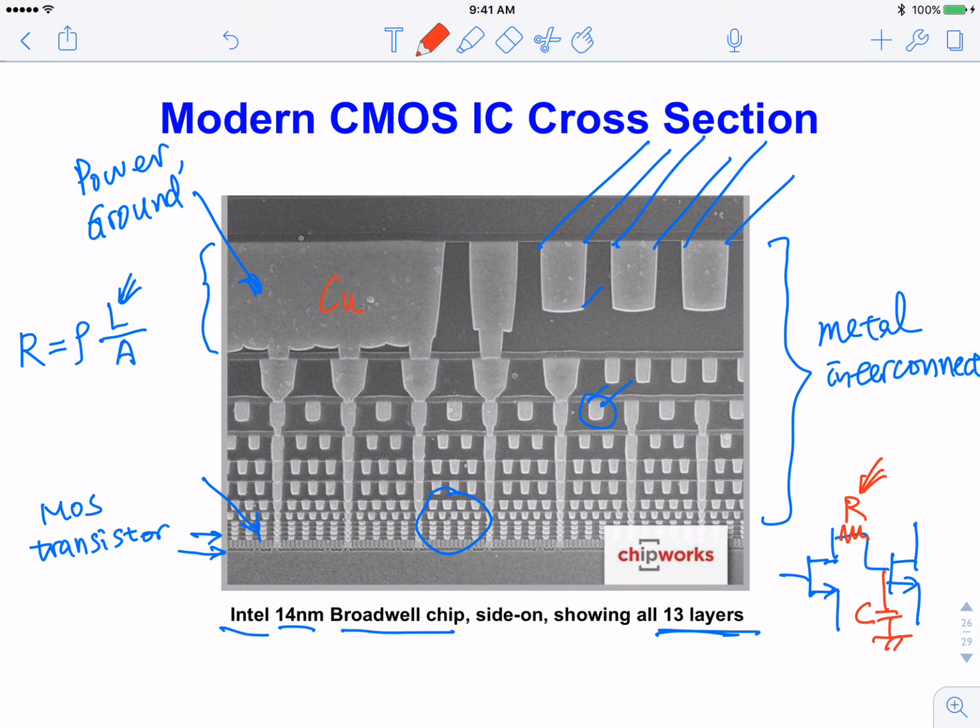In between gold and copper, there's another metal, silver. Why not silver? Expensive, yeah. Silver is actually not that expensive. It's more expensive than copper, that's true. Silver also oxidizes easily, so it's much harder to process silver. Okay.